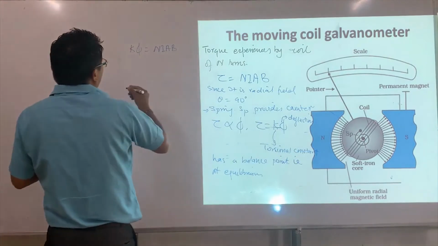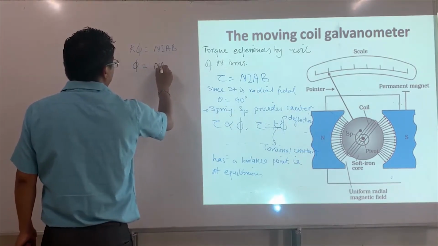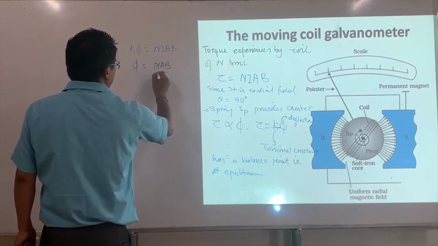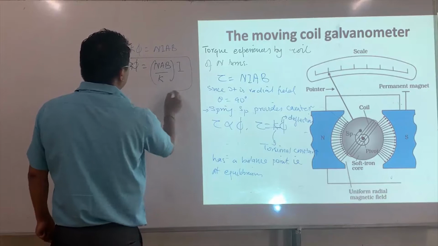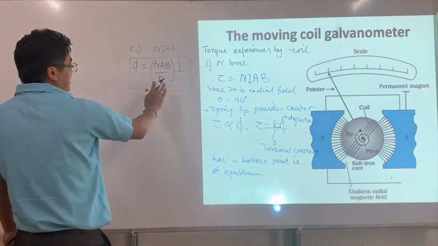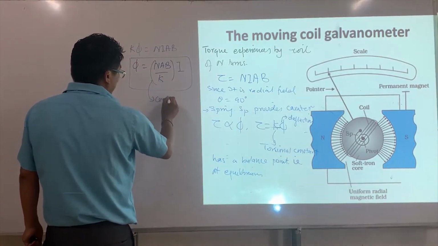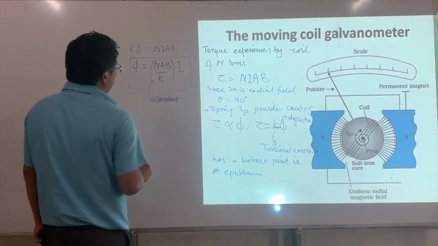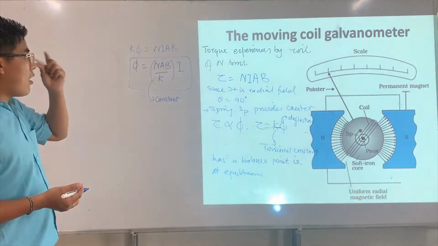So now what I have is phi equals NAB divided by K, times I. This is what I have in the case of a galvanometer. The terms in the bracket are constants for a particular galvanometer.